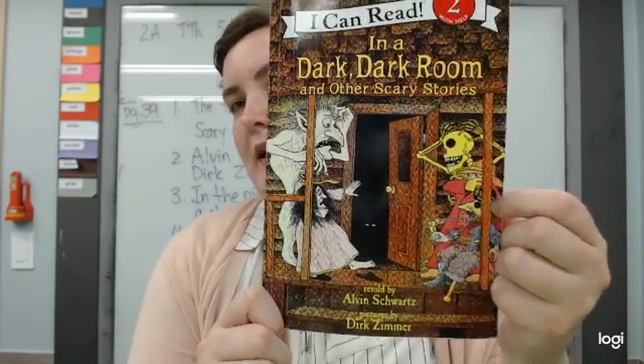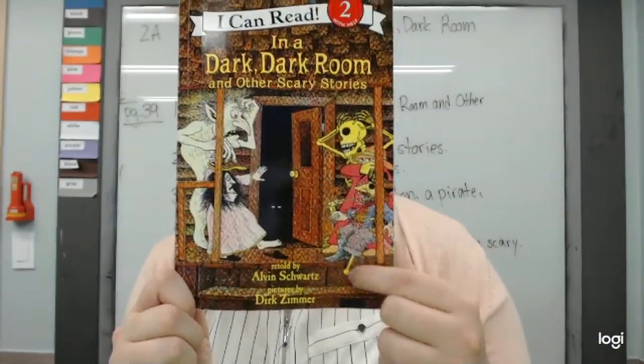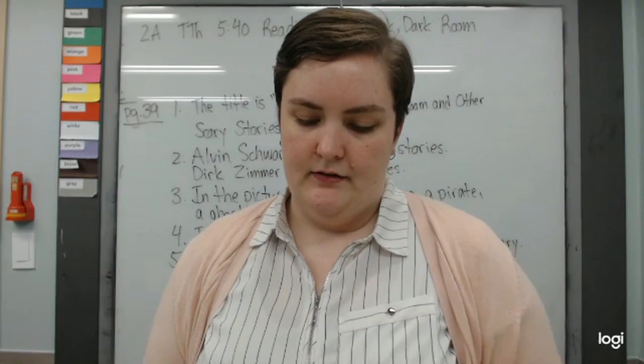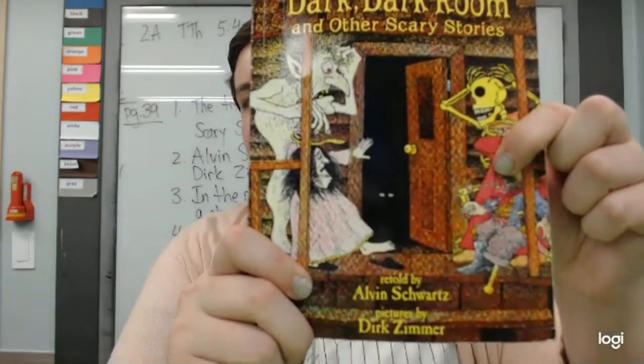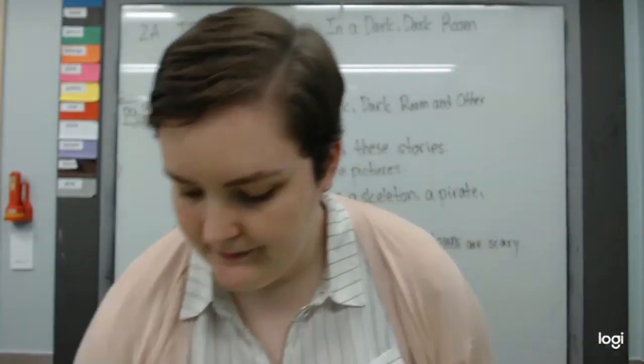He's missing one eye and he's missing a leg. He has what we call a wooden leg. His leg is made out of wood. And one more thing is he has a pipe. Right here, a little smoking pipe.